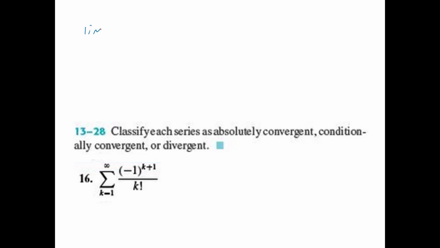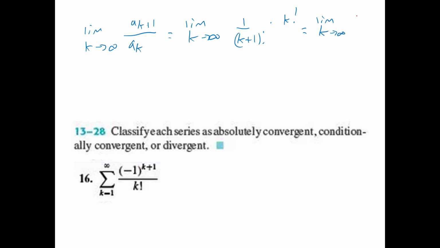And so the limit as k goes off to infinity of a sub k plus 1 divided by a sub k becomes the limit as k goes off to infinity of 1 over (k plus 1) factorial times k factorial, which cleans up to the limit as k goes off to infinity of 1 over k, which is 0. Therefore, converges absolutely.